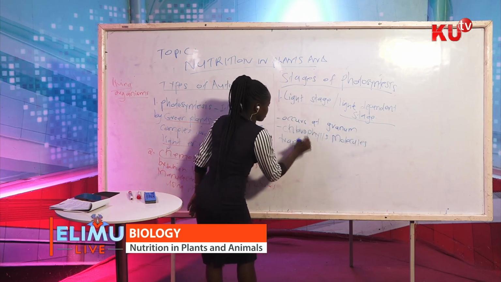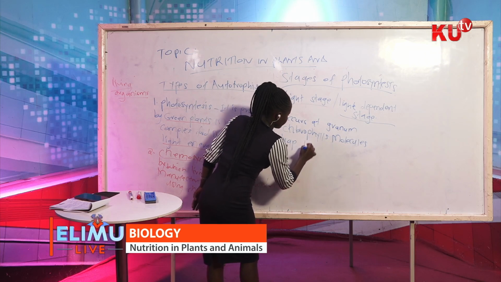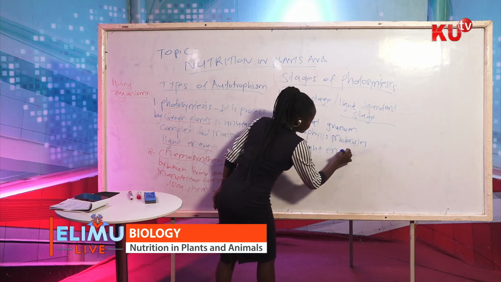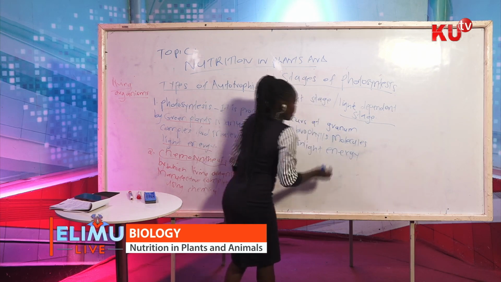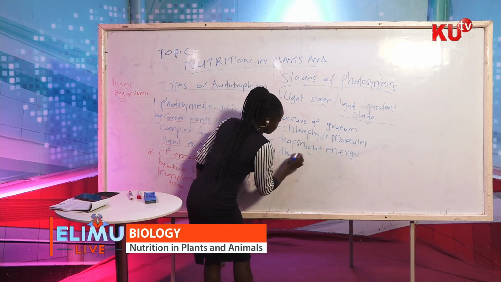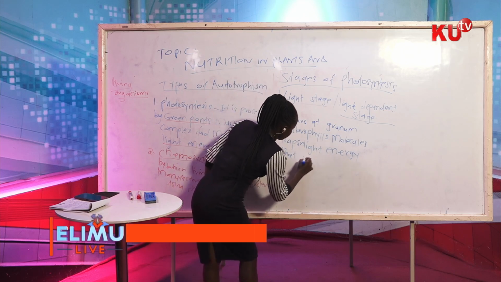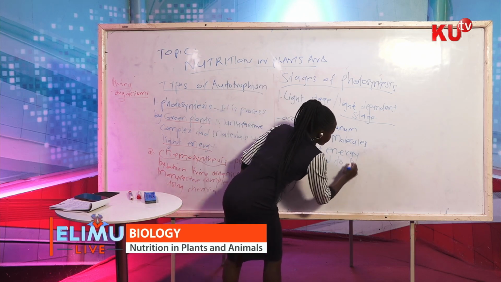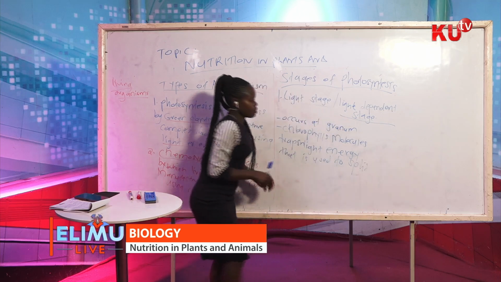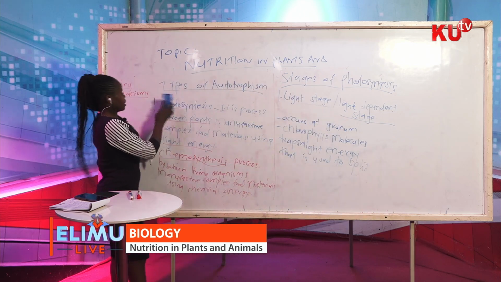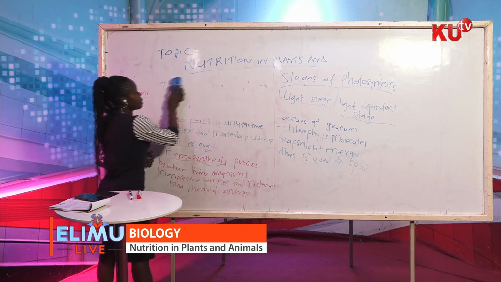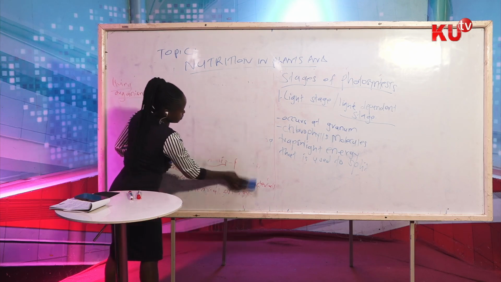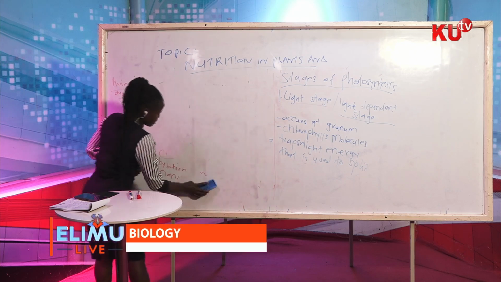trap light energy, trap sunlight energy, that is used to split water molecules into hydrogen and oxygen gas.